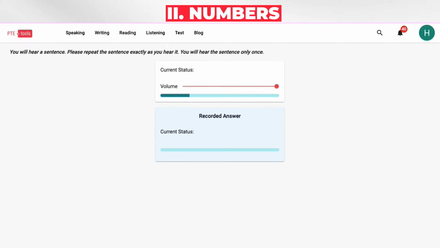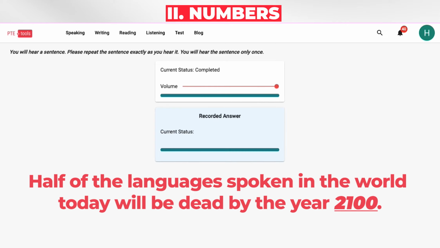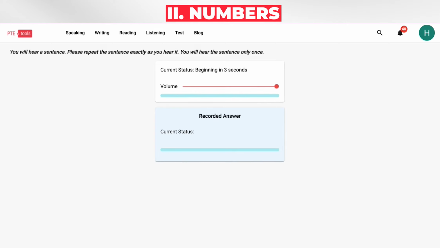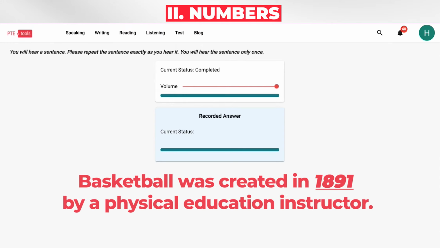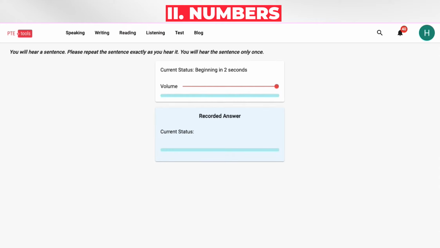Half of the languages spoken in the world today will be dead by the year 2100. Basketball was created in 1891 by a physical education instructor. In 1830, periodicals appeared in large numbers in America.